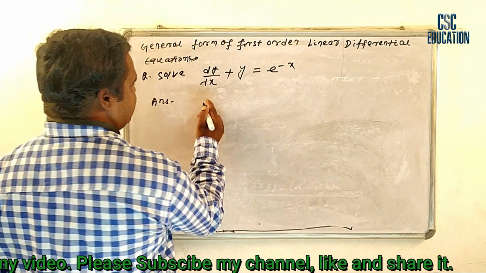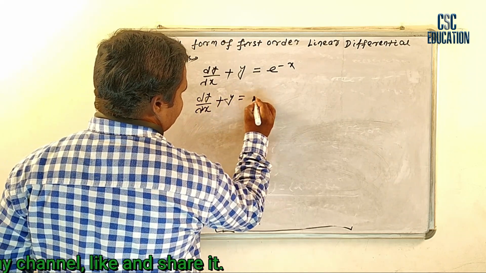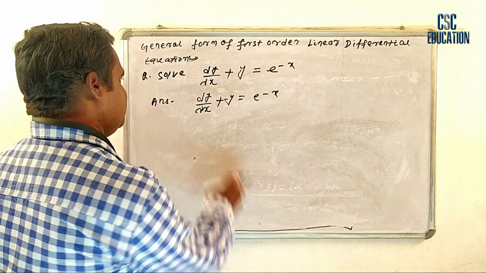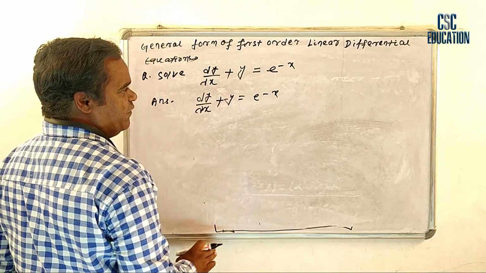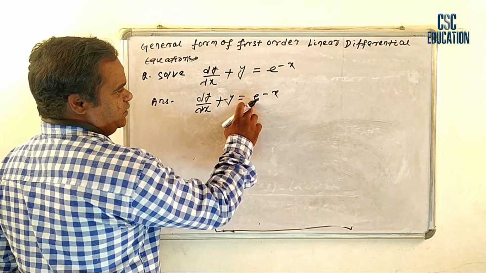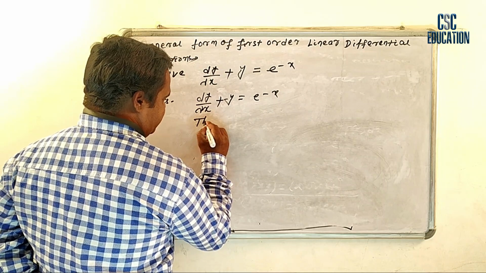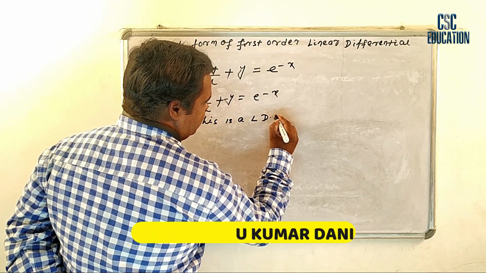So firstly, given dy by dx plus y equals e to the power minus x. This is a linear differential equation because it is of the form dy by dx plus p y equals q. Here 1 is the p of x, and e to the power minus x is the q of x. So this is a linear differential equation.